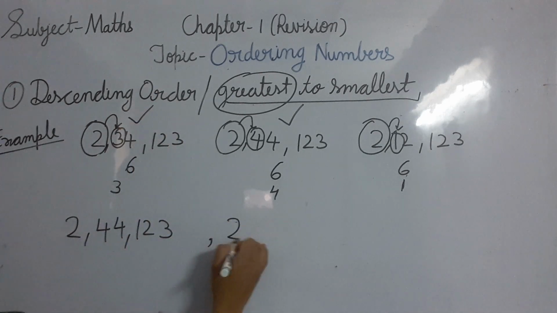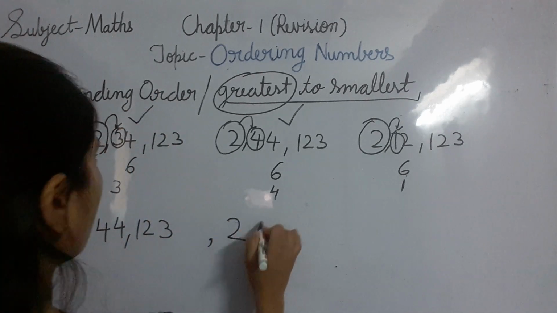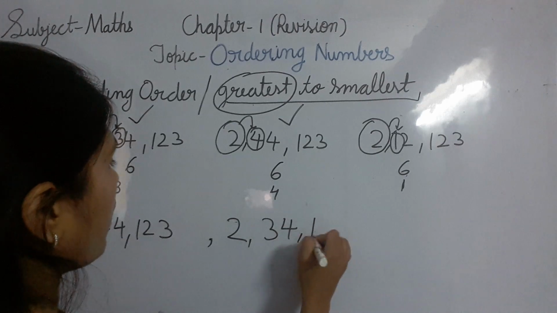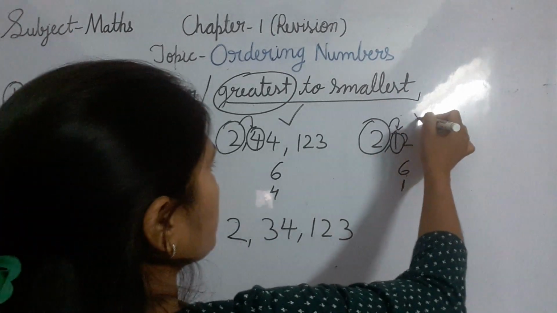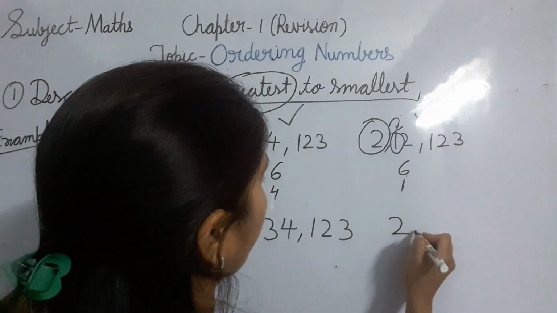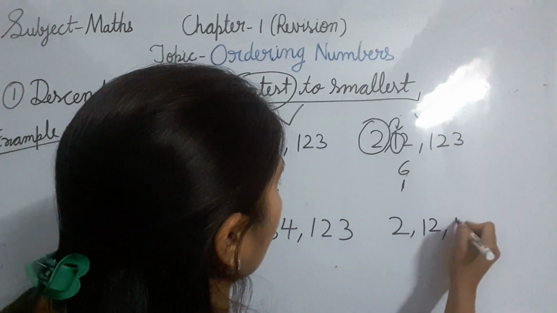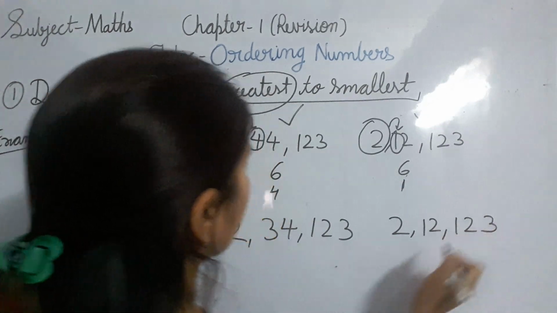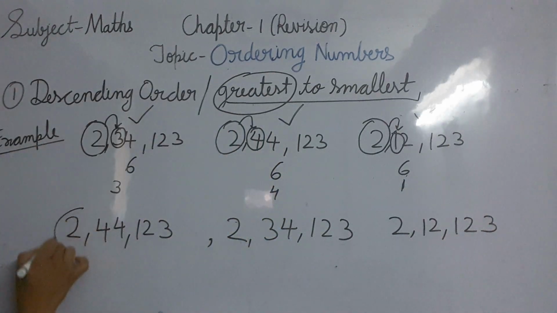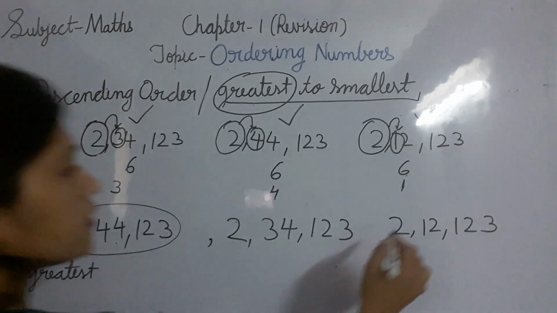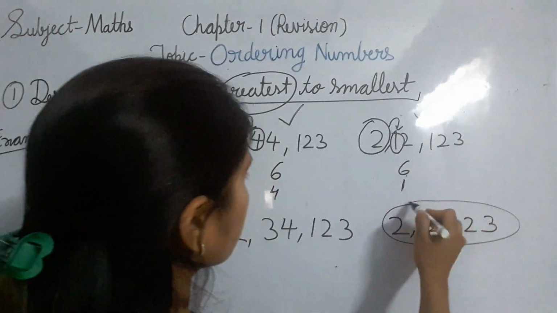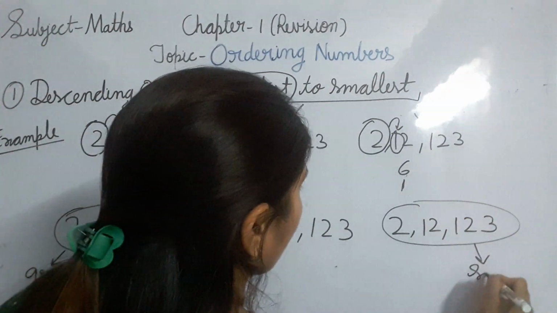2,34,123. And at the last we are left with this number, 2,12,123. So 2,44,123 is the greatest number, and 2,12,123 is the smallest number here.